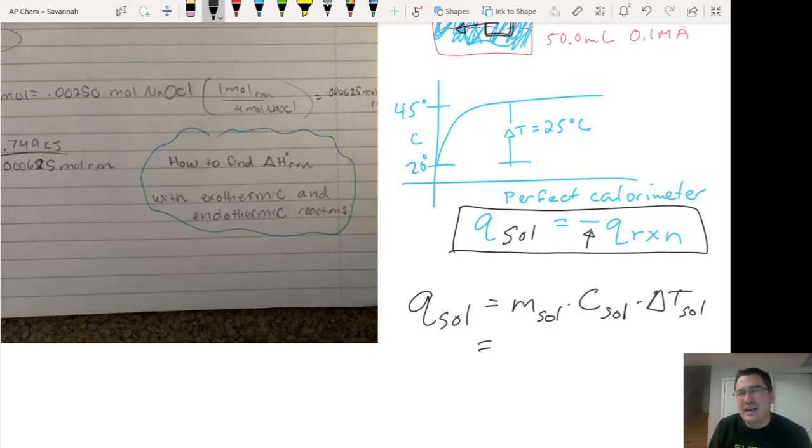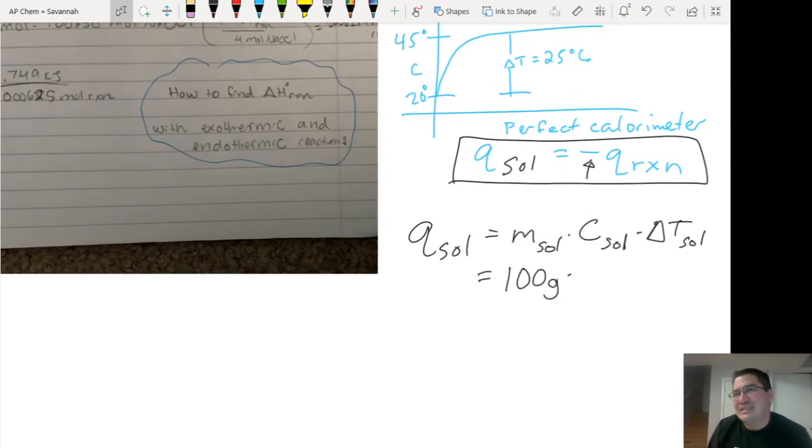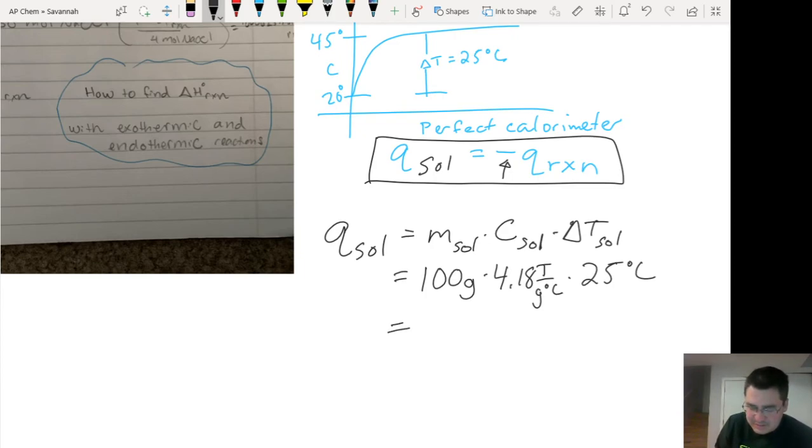If we assume it's like the density of water, we had 100 milliliters, and 100 milliliters of water weighs roughly 100 grams. Since it's water, its heat capacity is 4.18 joules per gram degrees C. And we know that the temperature change was 25 degrees C. So I'm going to round this, it's about 100 times 100, so it comes out to roughly 10,000.